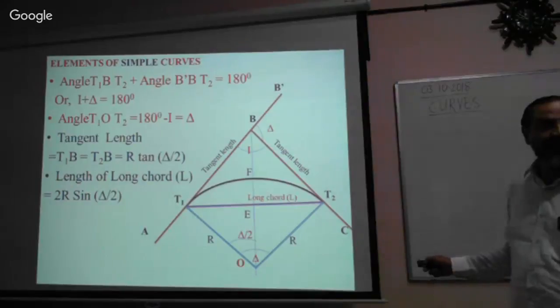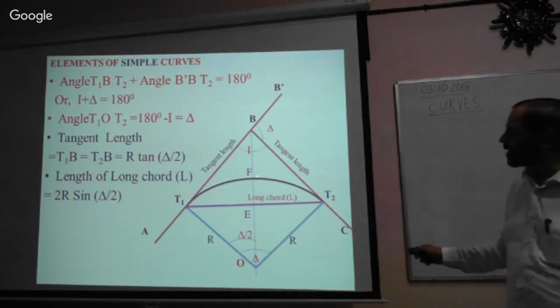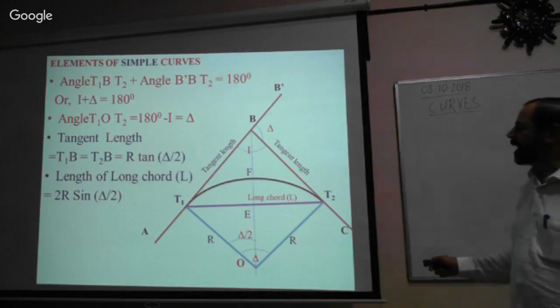It is usually abbreviated by capital L, while the length of the curve is usually abbreviated by lowercase l. This is the long chord.